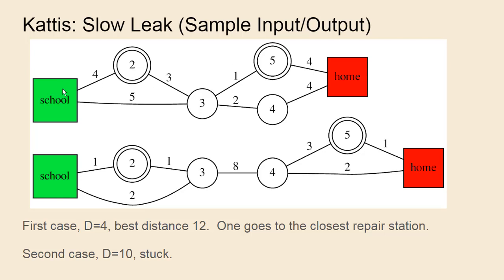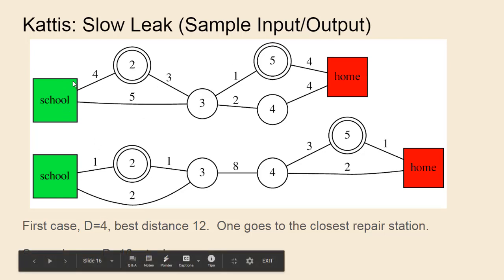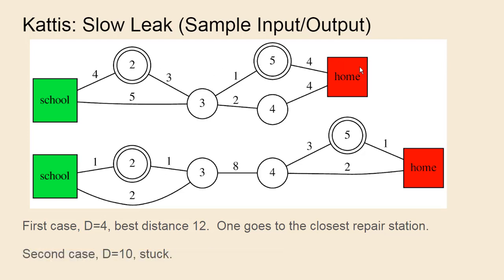So we start with the value d, but then we consume that on the path. The standard solution is to use Floyd-Warshall twice to compute the shortest distance between every pair of repair stations, including the school and home. But we can also try to use Dijkstra.